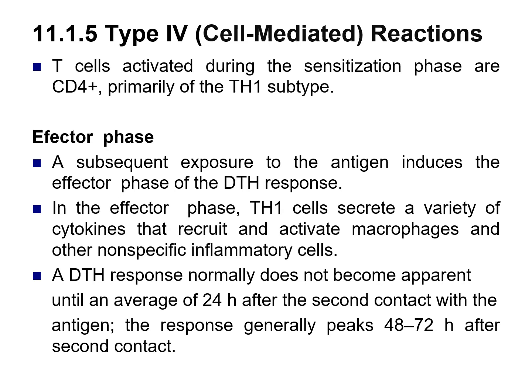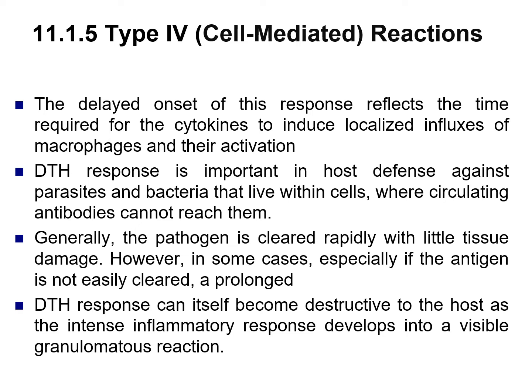The effector phase is when the Th1 cells secrete a variety of cytokines that would recruit more macrophages and other non-specific inflammatory cells, and the response would take about 24 hours after the second contact, but it can extend to 48 to 72 hours. So the reason why there is a delay is because there is a need for time for the cytokines to induce local influxes of the macrophages and their activation.